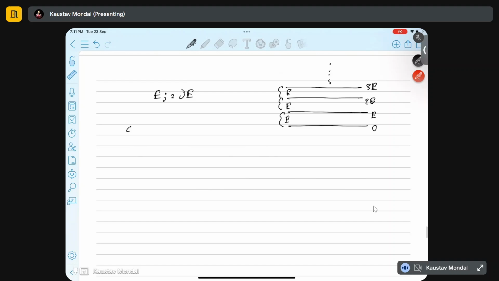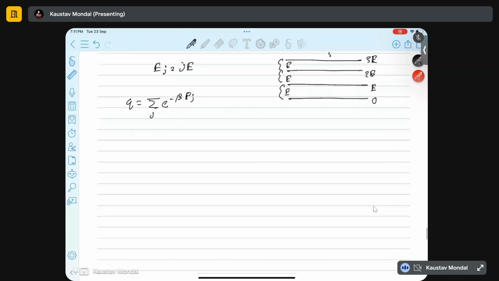So partition function Q is the summation over j of e to the power minus beta Ej. So it would be the summation over j of e to the power minus beta j into E, where j takes the values 0, 1, 2 like this.